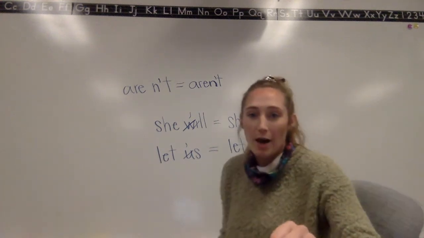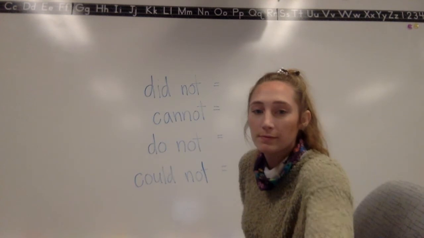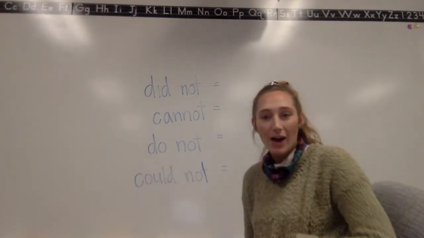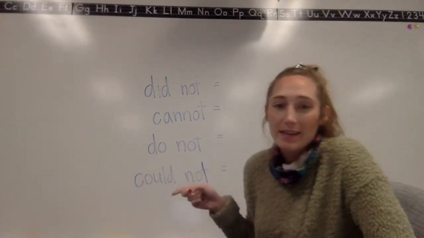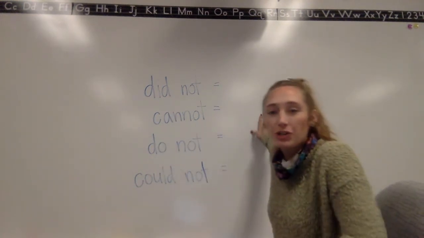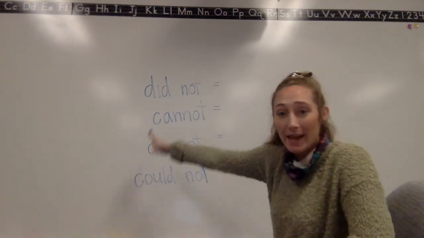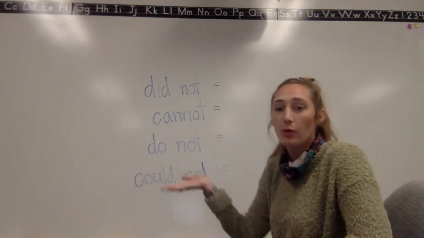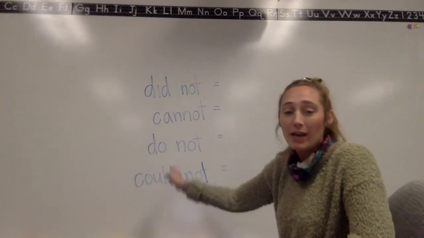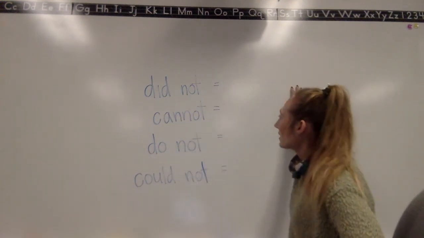Okay, I'm going to write a couple more on the board and we're going to see if you can figure them out. All right, now I want you to write these words down and try to figure out which contractions they make. So which letters are taken out and an apostrophe is added to make the contraction.